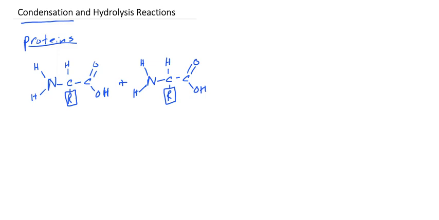Okay, so what happens in a condensation reaction is there are parts that sort of interact. And so the hydrogen from this part of this amino group and the hydroxyl part of this carboxylic acid group, they interact.